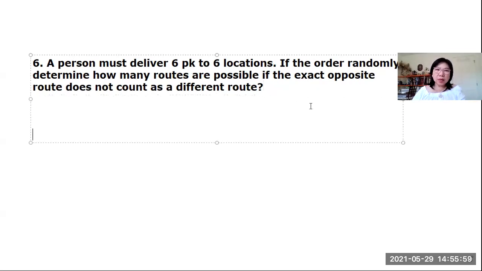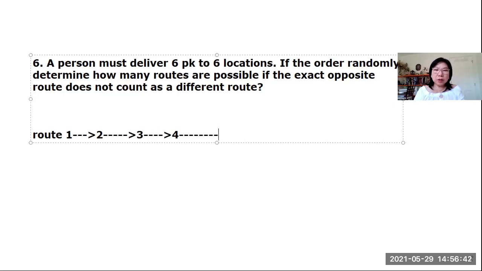So let me give you a hint, right? Let's say you start from route 1, then you go to route 2, then route 3, then route 4.